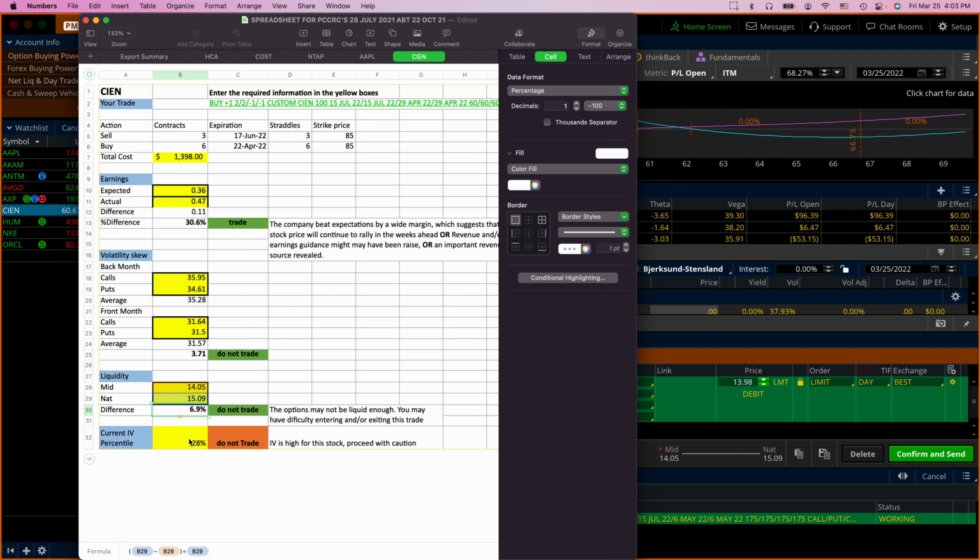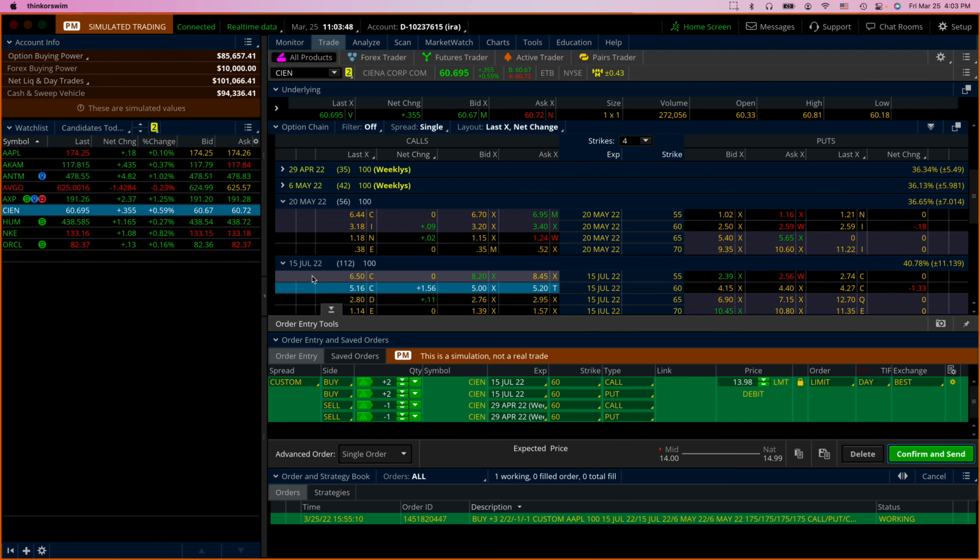So that means that it's not liquid enough. You're going to have trouble getting in and getting out. The skew could cost you money if it is too extreme. It ends up costing you money because the front month can increase volatility and the back month can decrease volatility, but a 3% would be acceptable. 3.71 is not.